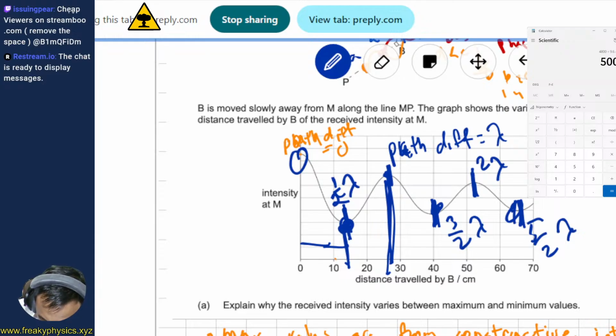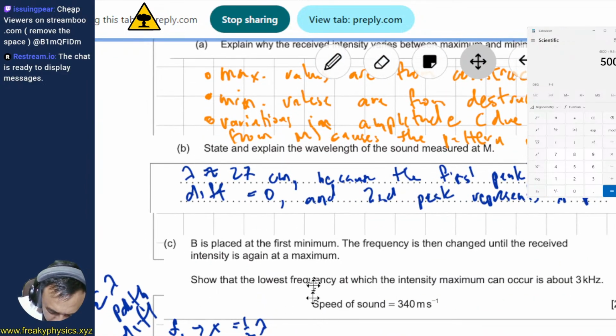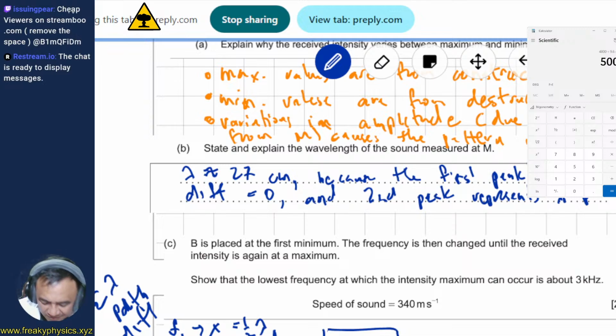X looks like it's around 14, right? So we just figured out that lambda 2 equals 14 centimeters.